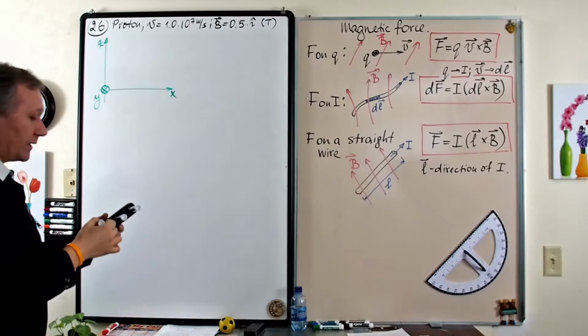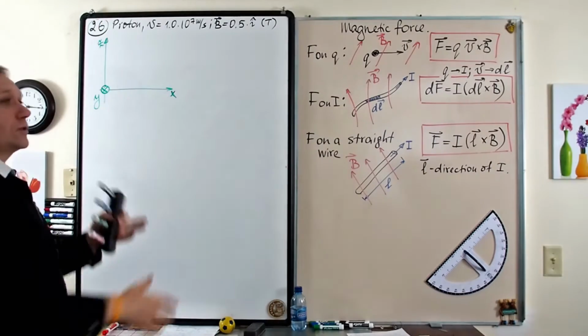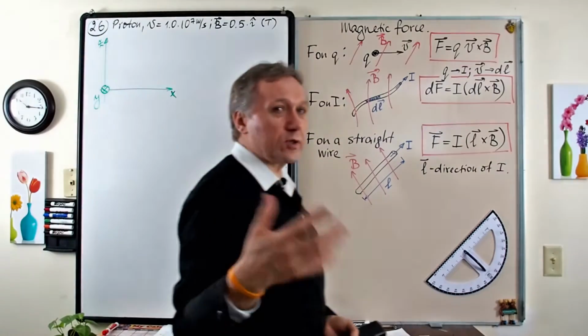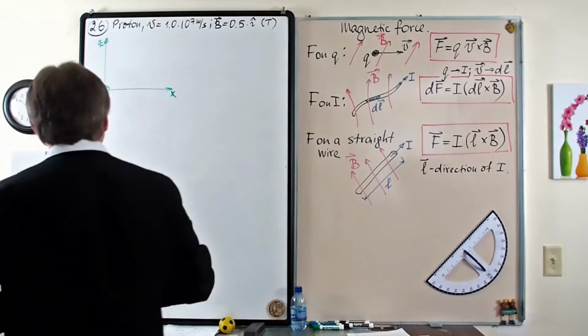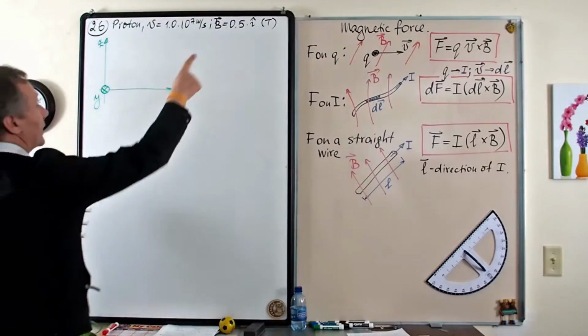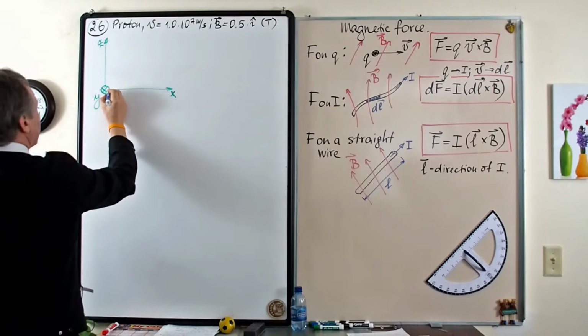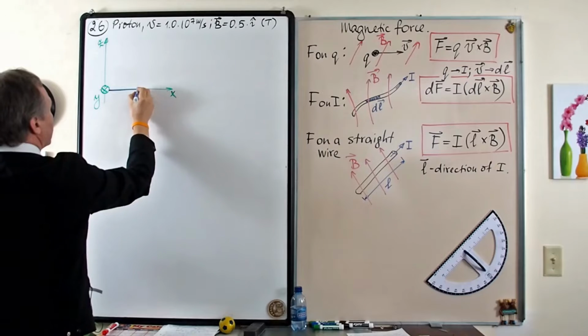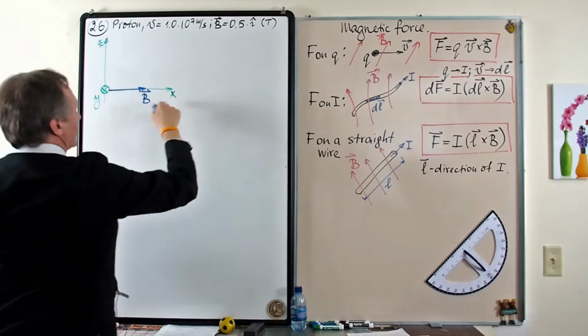It's still a right-handed coordinate system. I arrange it this way because it's the most convenient for this problem. So that's B, in the x direction.